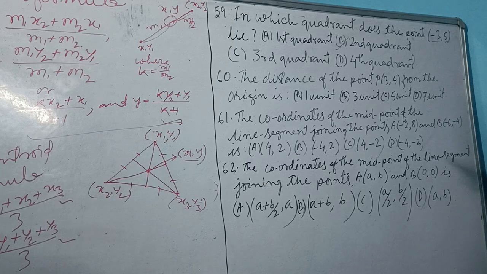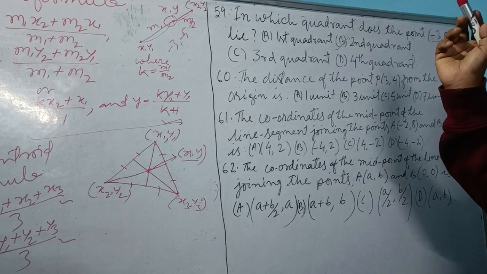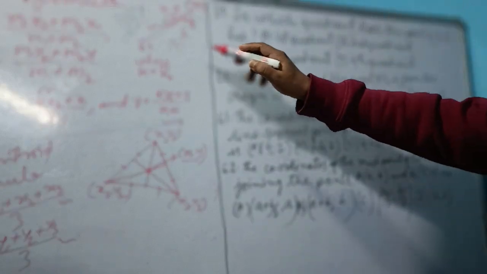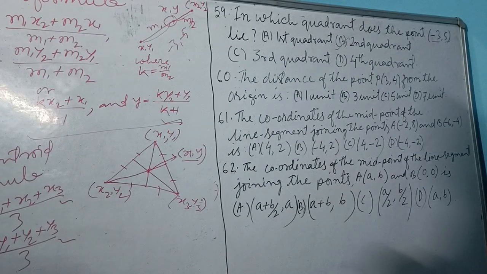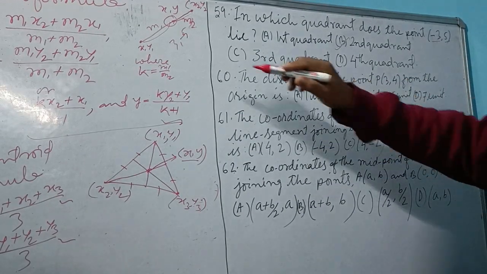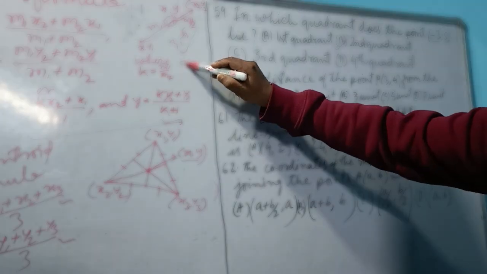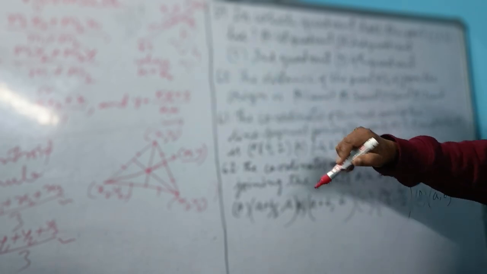If you get the point (-3, -5), both are negative, so that one lies in the third quadrant. But if you get positive, negative, then this one will lie in the fourth quadrant. Clear? If you get (3, 5), both are positive, then this one will lie in the first quadrant.